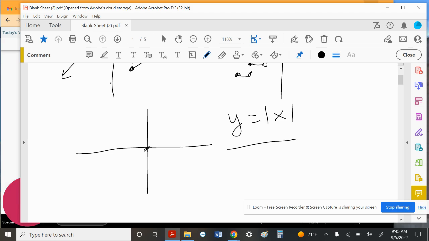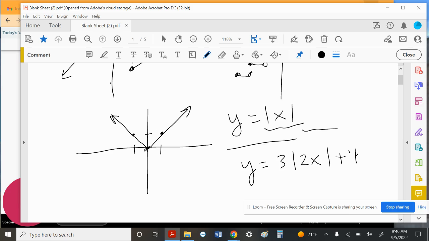But the function itself goes through 1, 1 and negative 1, 1. And so this is an absolute value function. And the parent function, the reason why it's a parent function is because there's nothing multiplying anything here or adding anything here. So, eventually we're going to be graphing something like this. So we'll take a look at something like that.